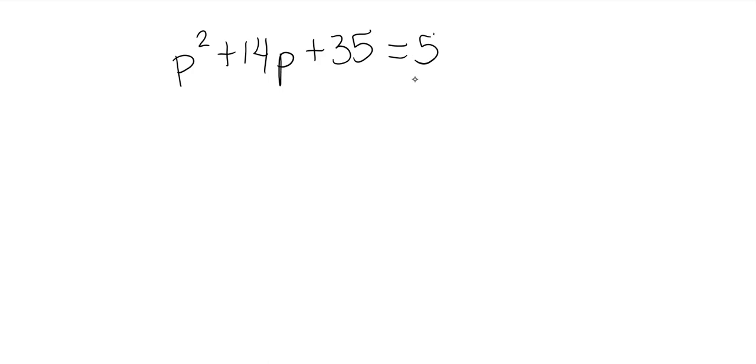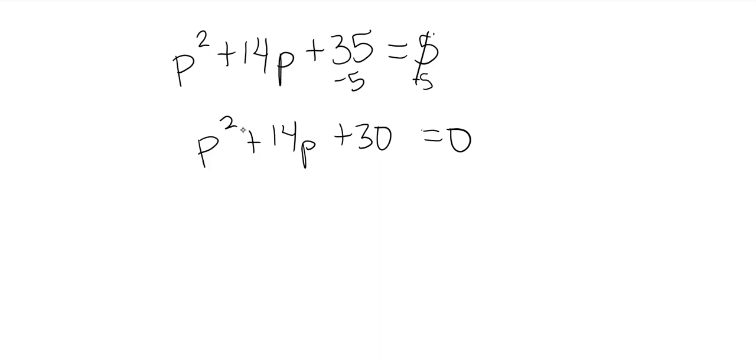If we have an equation like p squared plus 14p plus 35 equals 5, get it set equal to 0, subtract 5 from both sides. P squared plus 14p plus 30 equals 0. And we don't know if we have to use completing the square here until we try to factor. So let's go ahead and try to factor. Maybe it can be factored.